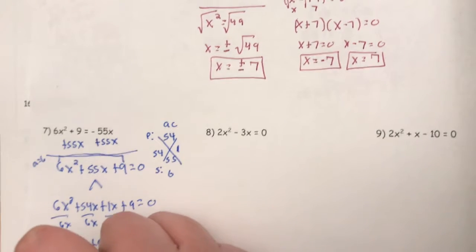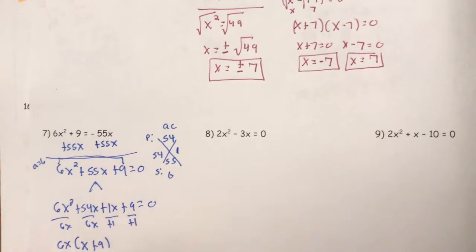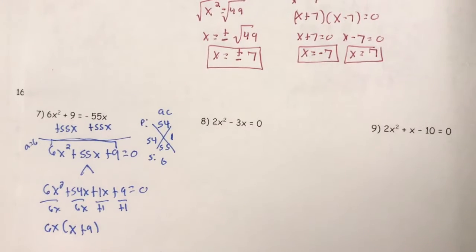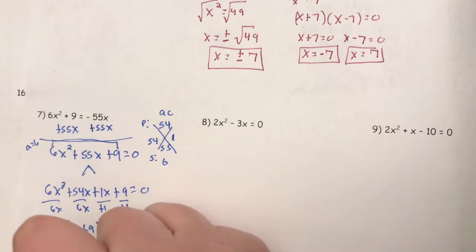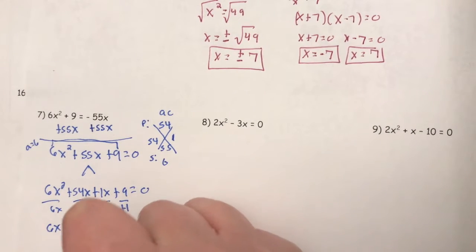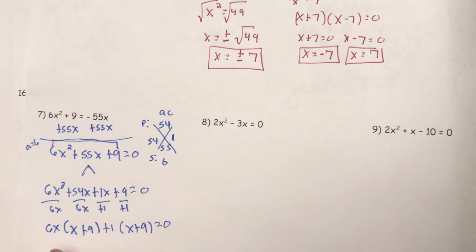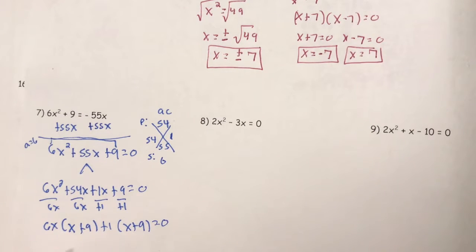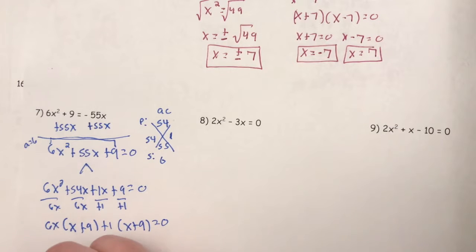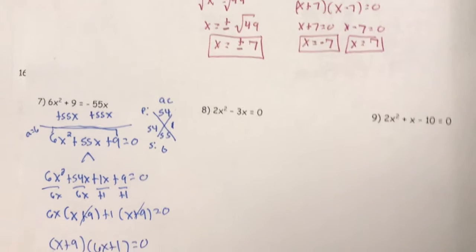So I still need to show that I can factor out a positive 1. So I put a plus 1. And we're going to pull that plus 1 out, and we're left with x plus 9 equals 0. Now we see we have our common factor of x plus 9, so we know we did it correctly. So we'll pull out the x plus 9. And we're going to be left with 6x plus 1 equals 0.